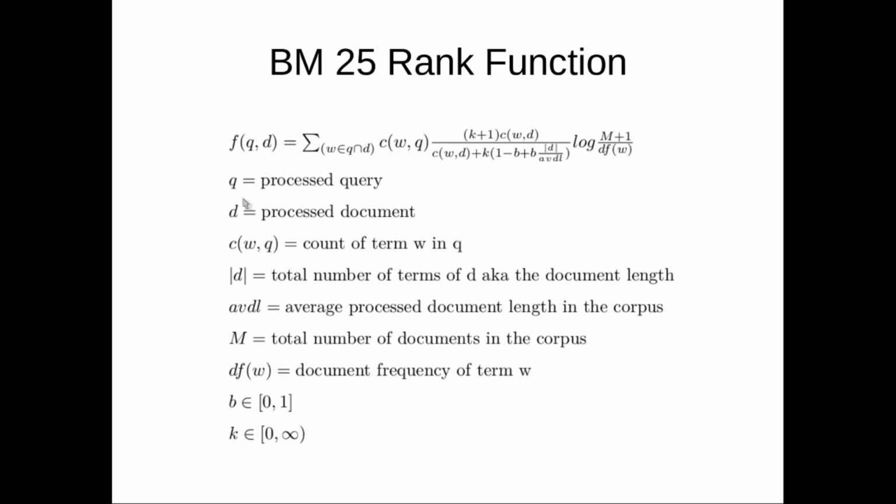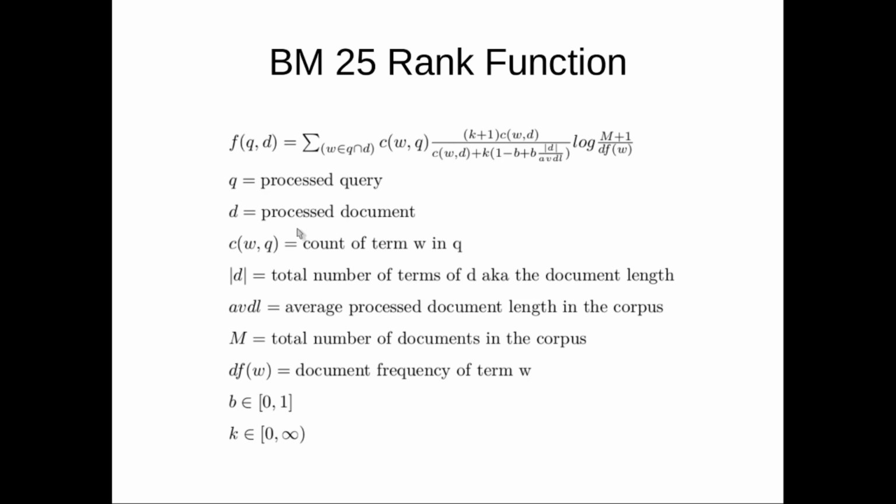Here I mentioned Q, which is the processed query, and D, which is the processed document. By processed, I mean that the query has been tokenized into words, and all the words have been normalized, so the inflected forms gotten rid of and all standardized into a single form. And all of the stop words like is, the, and stuff like that are removed, right? So at that point, I will consider that a processed query or processed document.